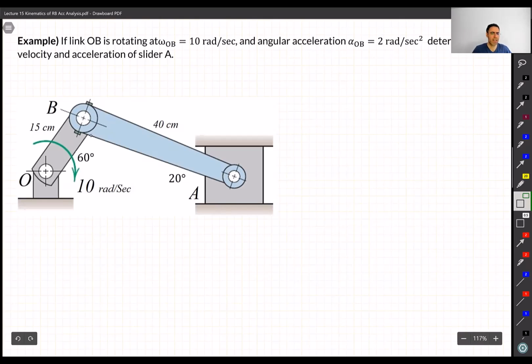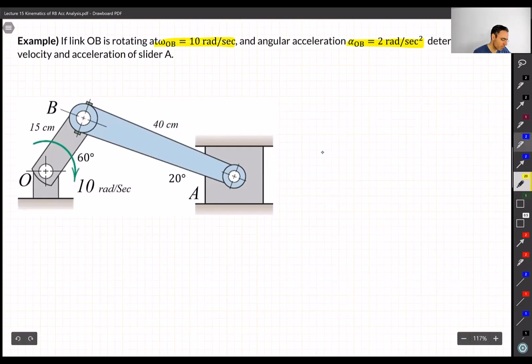OB is a crank or crankshaft, AB is the rod, and this block is the piston moving back and forth. So OB is moving with 10 radians per second. This is the information that we have. And it also has an angular acceleration.